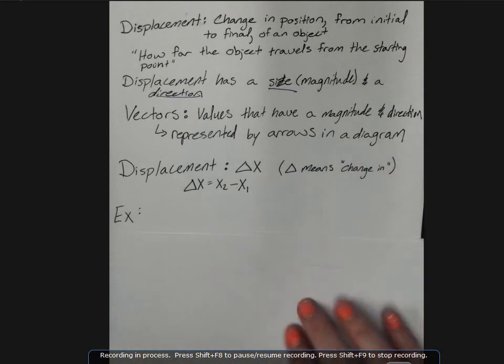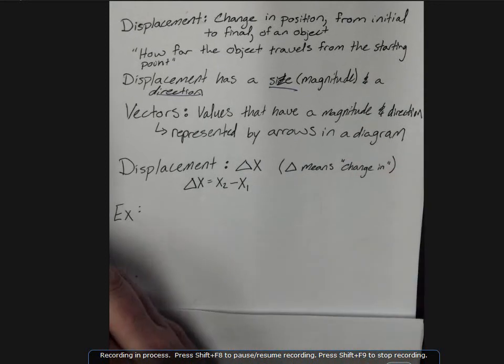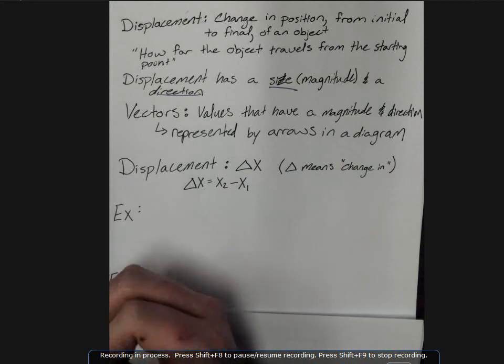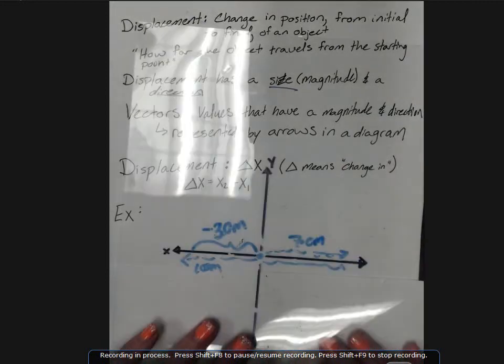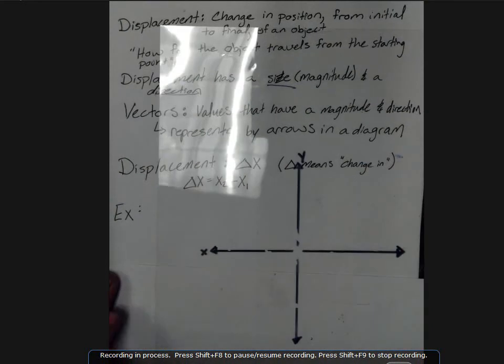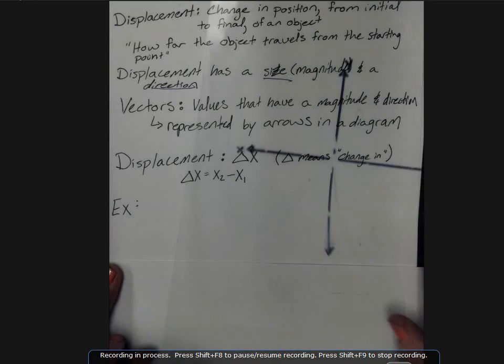All right, so let's take a look at an example of the final position minus the initial position. In the first example that we're going to take a look at, we could say that our first position is at 10 meters.